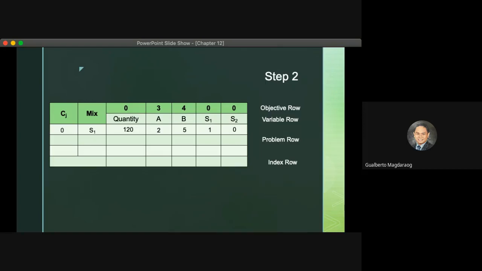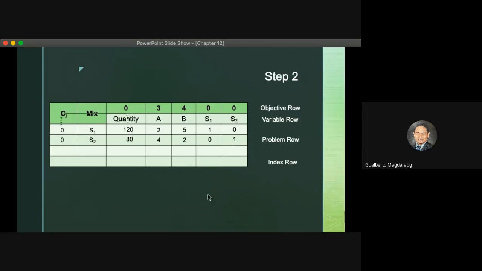And then we also write the second constraint, which is the polishing department. That's 4A, 2B, 0S1, and 1S2 equals 80. And then we assign S2, the slack variable for polishing, with 0 contribution margin. Okay? And then you multiply the contribution margin on the first column to the quantity on the third column.